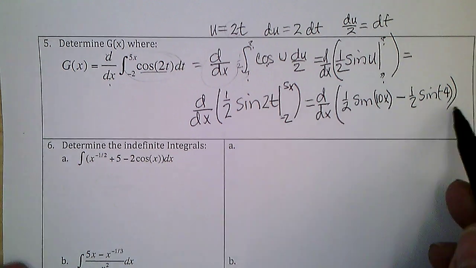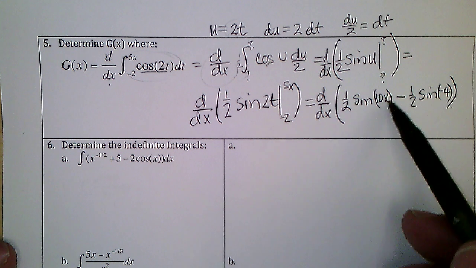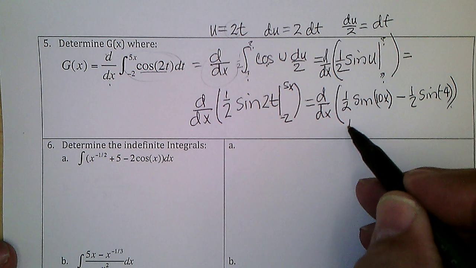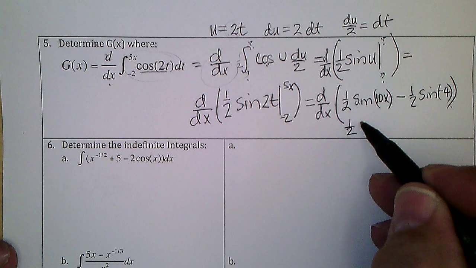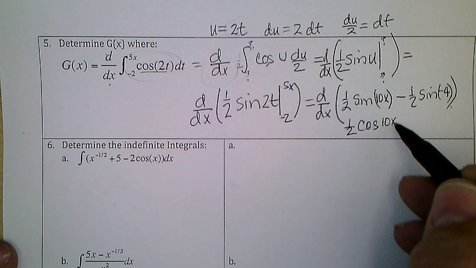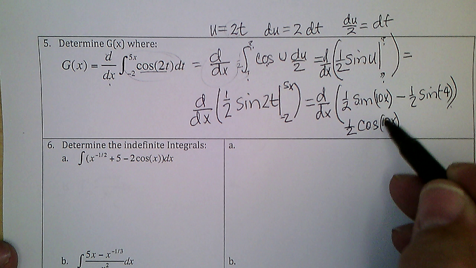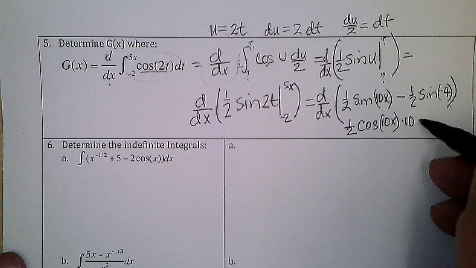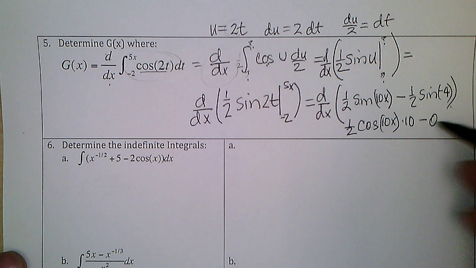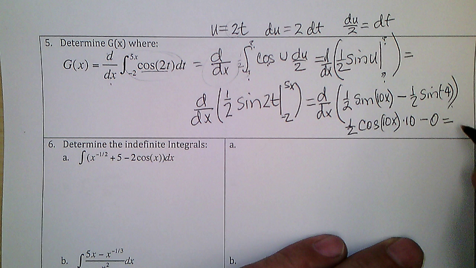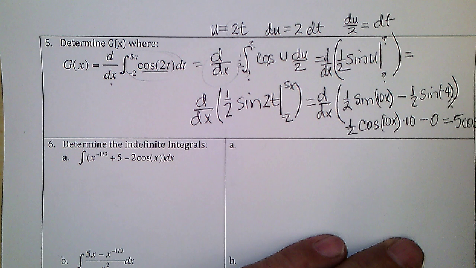So now if I take the derivative, I'd have the half, the derivative of sine is cosine of the angle, times the derivative of the inside, which would be times 10, minus, and the derivative of a constant is 0. So this becomes 10 times a half, 5 cosine 10x.